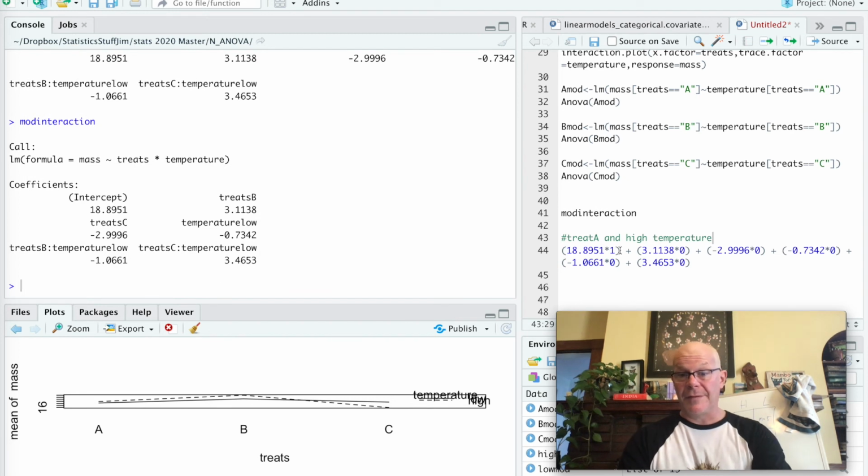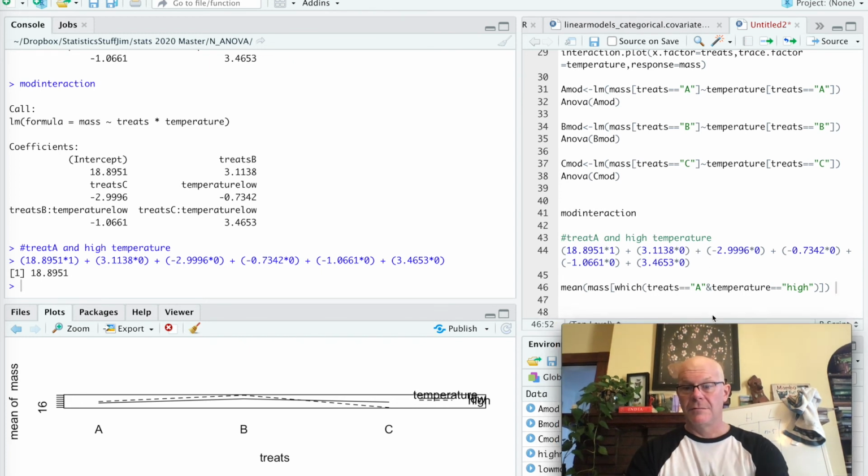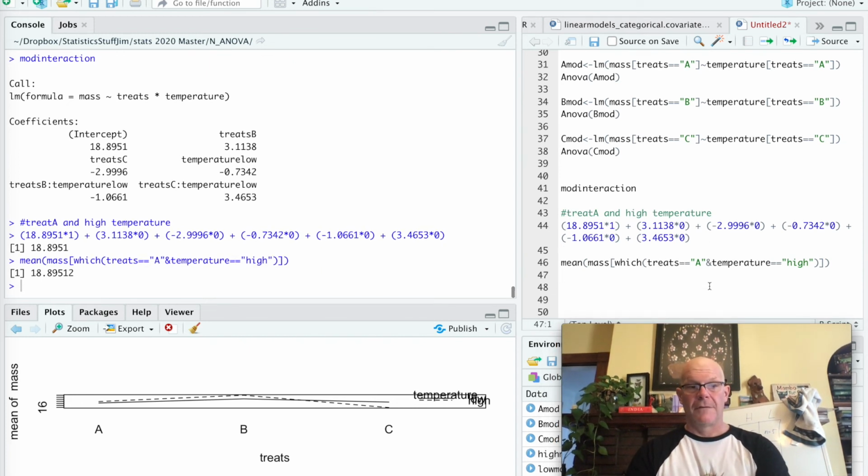And so that means that it's going to get the intercept, but it's not going to get any of these other parameters. Again, you can think of the zeros as being off switches. So we do that, we get 18.8951. Well, that means that if we were to take the mean of individuals in treatment A and at a high temperature, we get the exact same answer. See, our model is actually working.